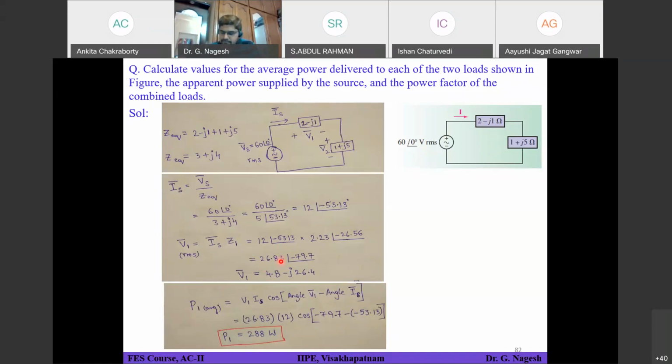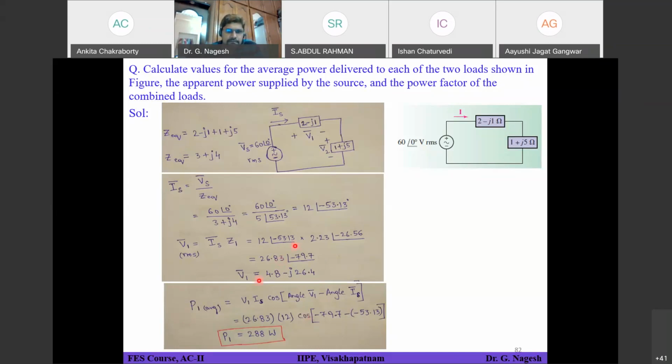26.83, V square divided by R. What is this value, you calculate.